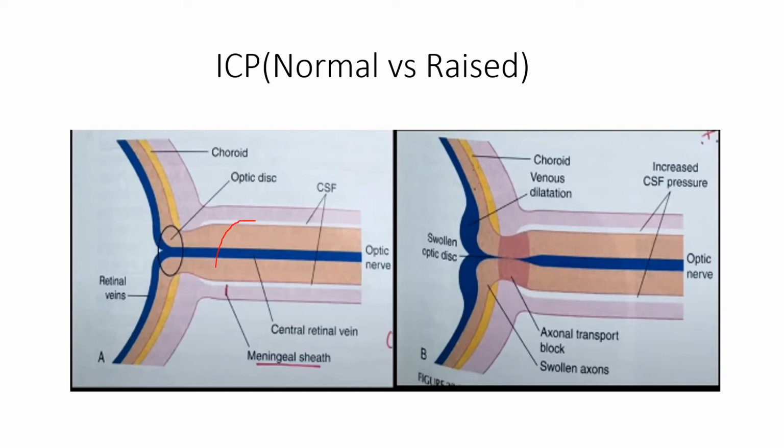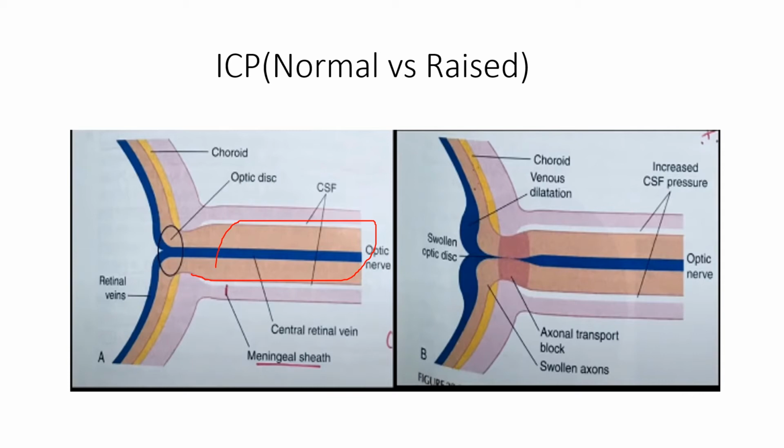So this is the normal anatomy of the optic nerve, and this is the pathology explaining why there is papilledema in raised intracranial pressure. Here the CSF pressure is increased around the optic nerve, and this pressure compresses the optic nerve.